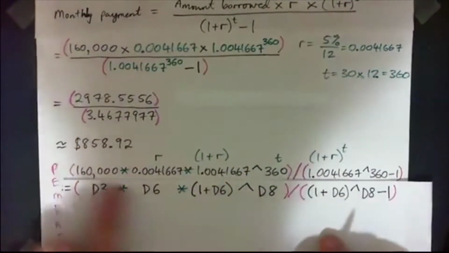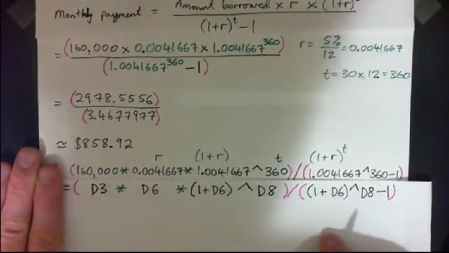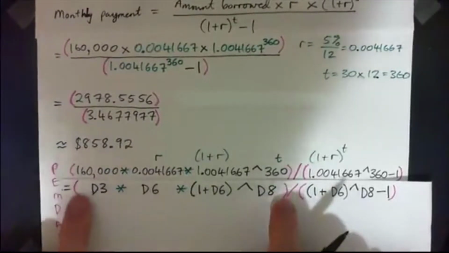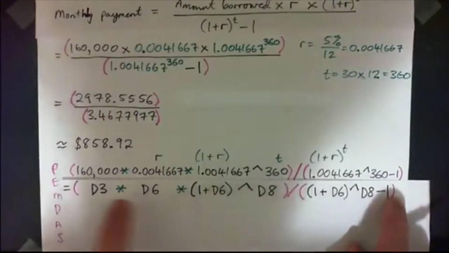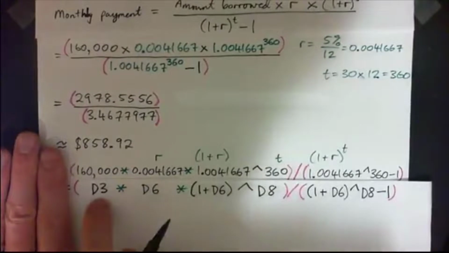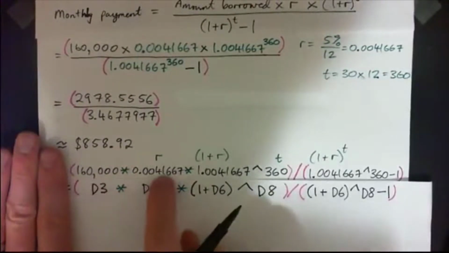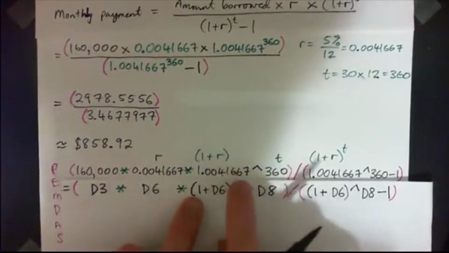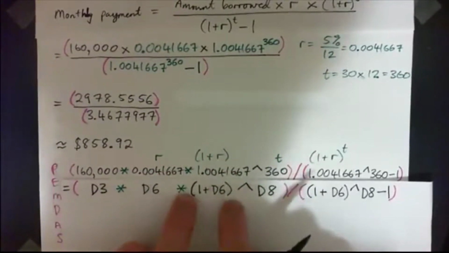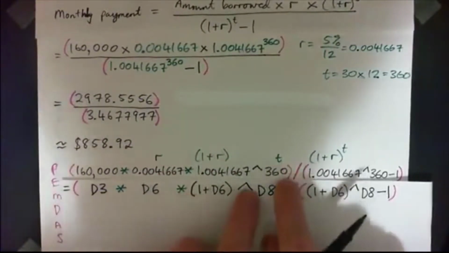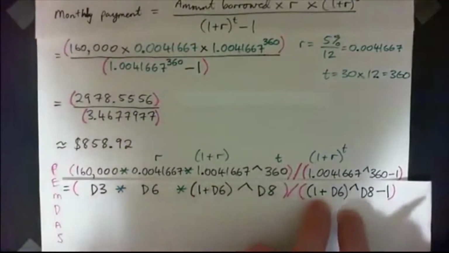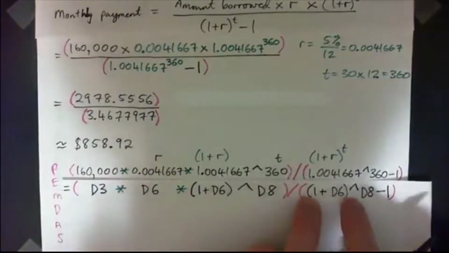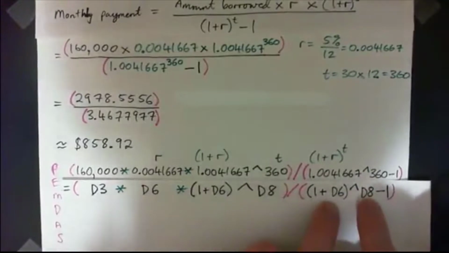So again we've got parentheses around the top and bottom, where the loan amount is D3, the rate is D6. We have 1 plus D6 to the power of the number of payments, D8, and same over here: 1 plus D6 in parentheses to the power of D8, and then minus 1.